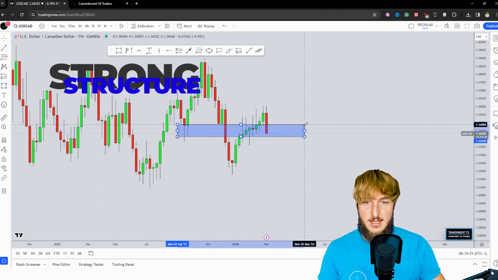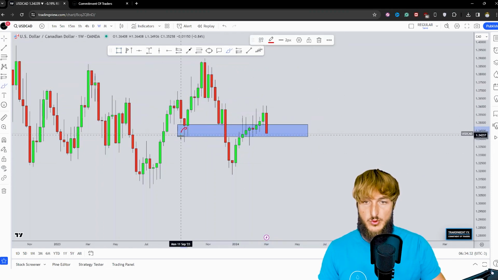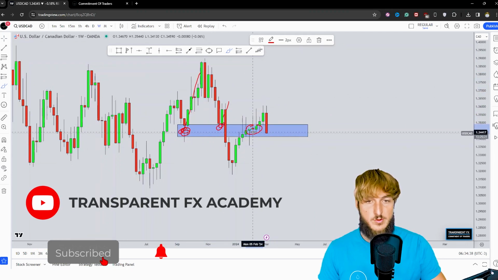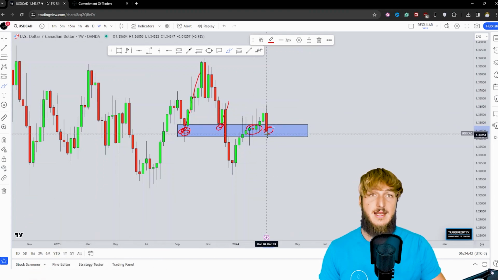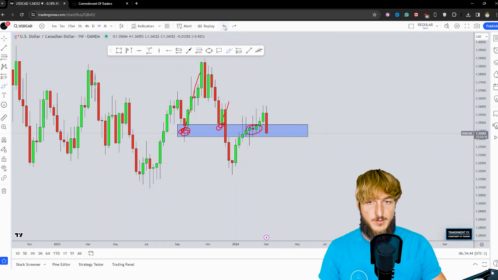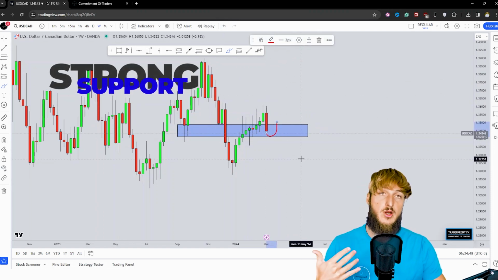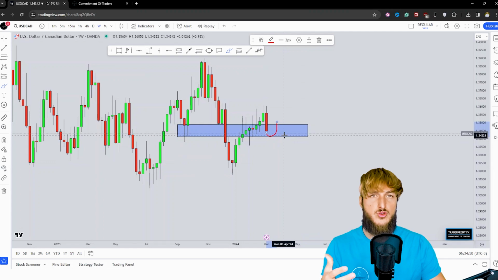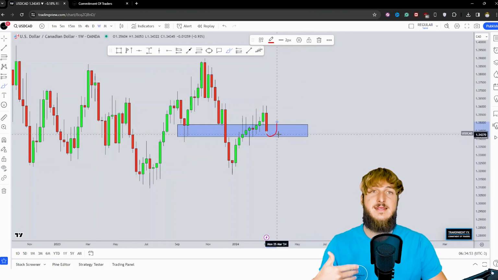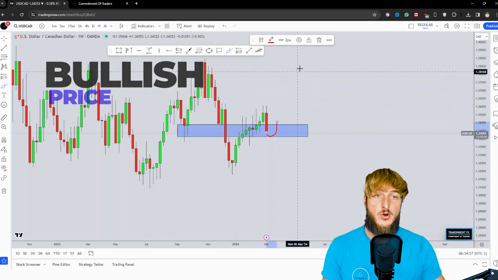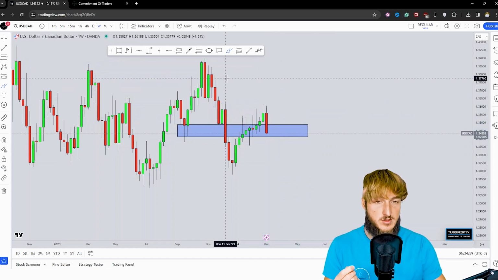In fact, this level was acting first as support, starting from here, preceding all this rejection to the upside, again as support here, then acted as resistance with the creation of this red candle, and now the market has broken it to the upside and is retesting it as support. So as the market is testing this support, there is a possibility to see a potential rejection to the upside, even only a short-term rejection to the upside, but at least a reaction to this previous weekly resistance turn support. That definitely seems quite possible.